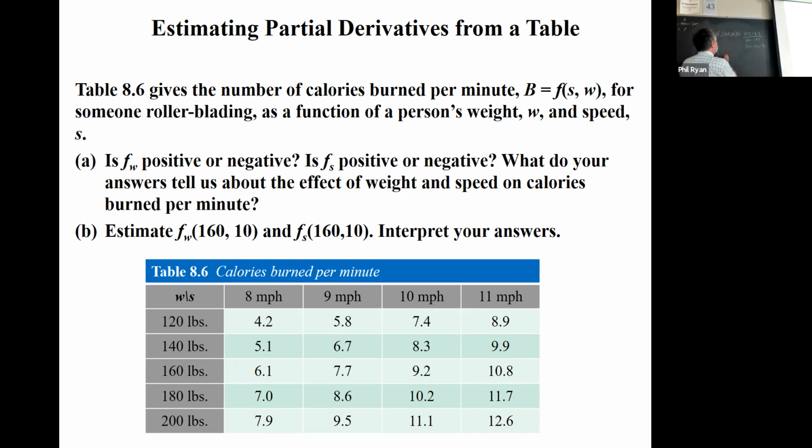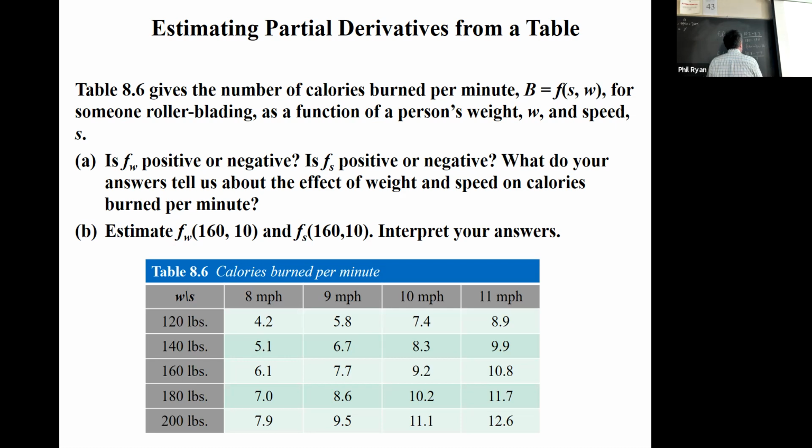Whereas the partial derivative in the other direction is the horizontal one. So it's going to be this one here. So that's going to be 10.8 minus 7.7 over 11 minus 9.